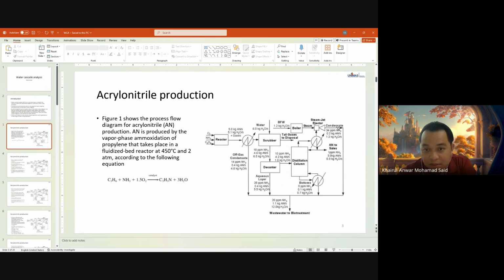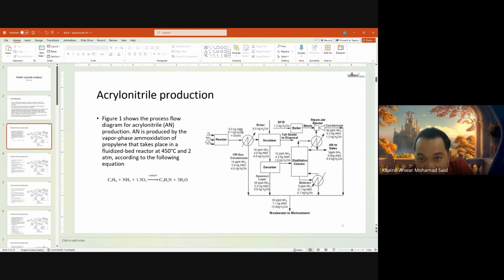So let's understand this one first. Figure 1 shows the process flow diagram for acrylonitrile production. AN is produced by the ammoxidation of propylene.